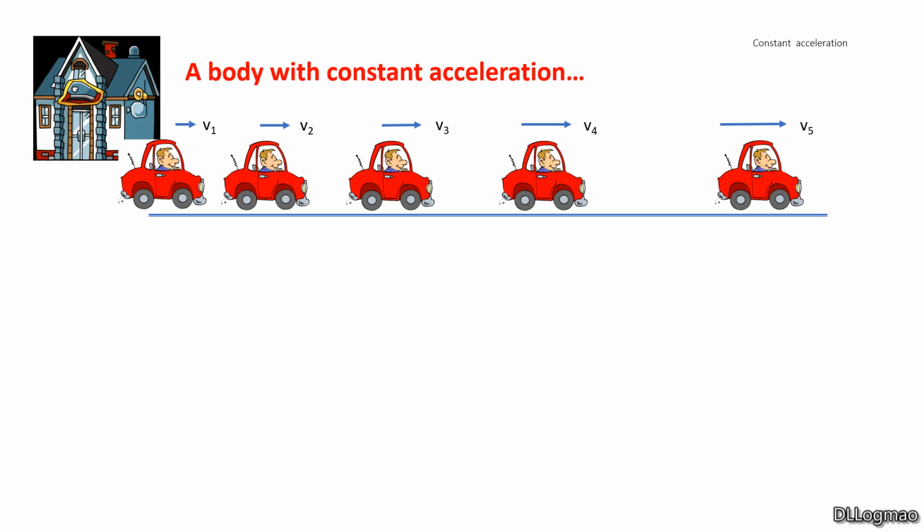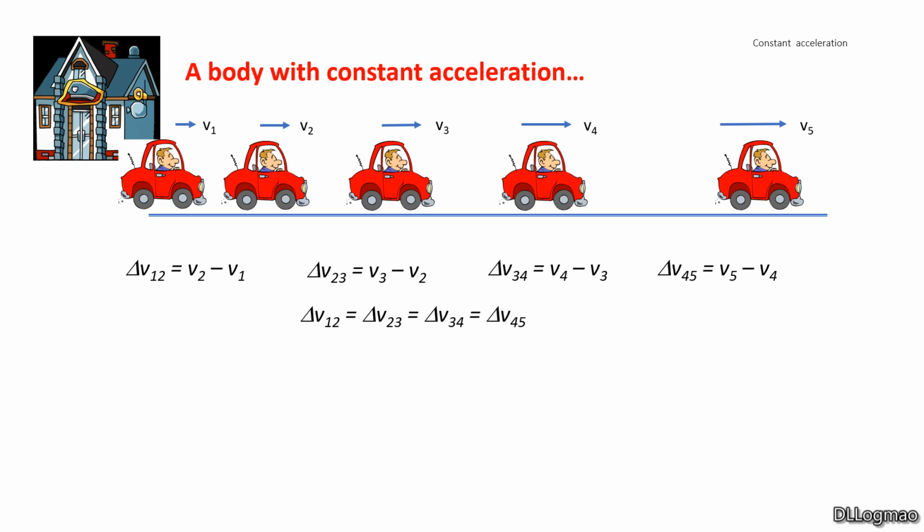The change in velocity delta v sub 1,2, the difference between v sub 2 and v sub 1, the change in velocity delta v sub 2,3, the change in velocity from v sub 3 to v sub 4, and the change in velocity from v sub 4 to v sub 5, when compared, are equal.